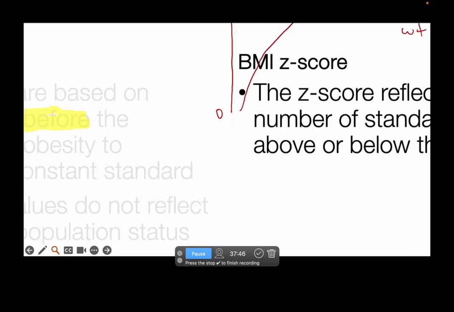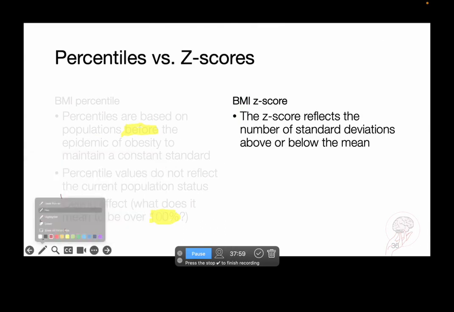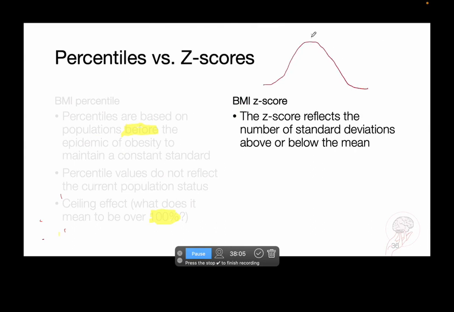So, to try to correct for this, we have a BMI Z-score. And a BMI Z-score is the number of standard deviations above or below the mean. So recall our bell curve. This is the mean. We're just going to say it's 0.